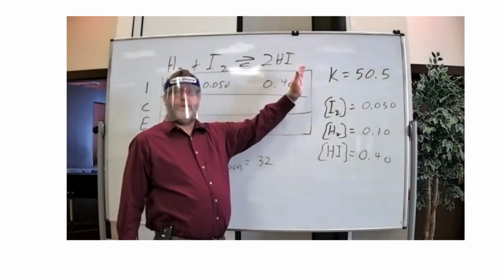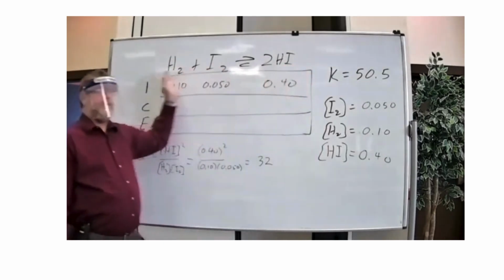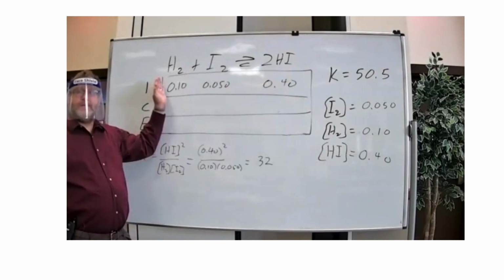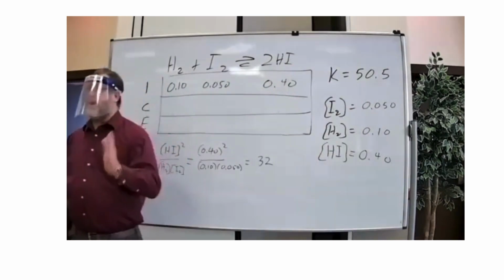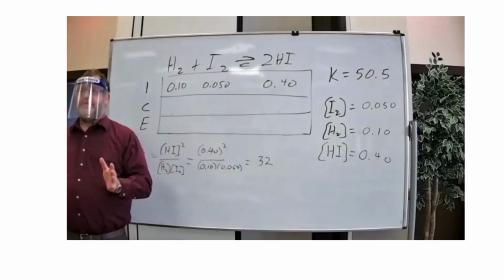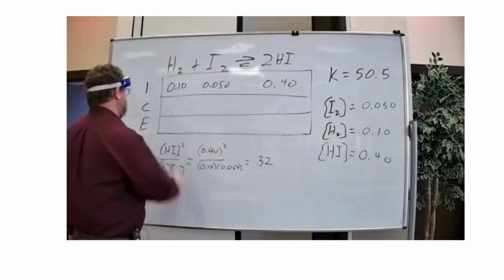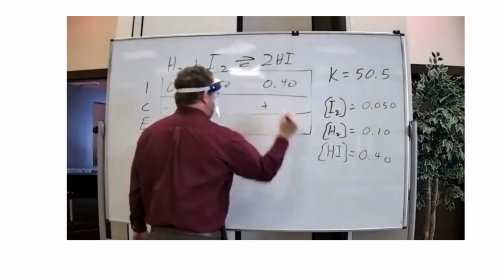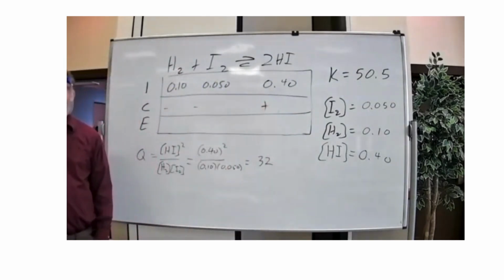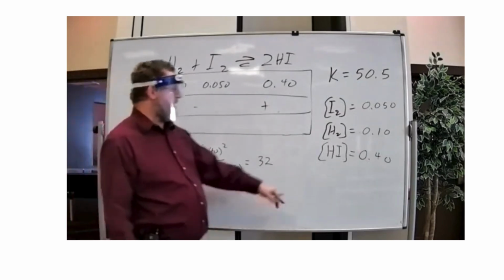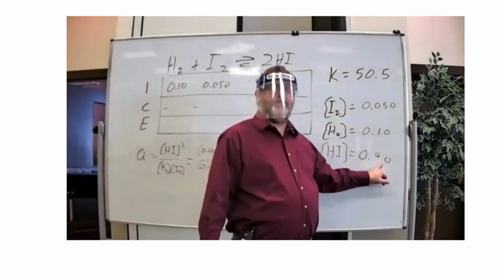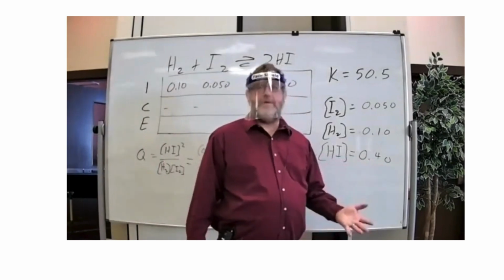If it's greater than our equilibrium constant, it will shift to this side to give us more reactants. So Q can tell us which way the equilibrium is going to shift. In this case, it tells us that these values are going to be negative and that value is going to be positive. Okay. At 0.6 instead of 0.4, I would have the values the other way.